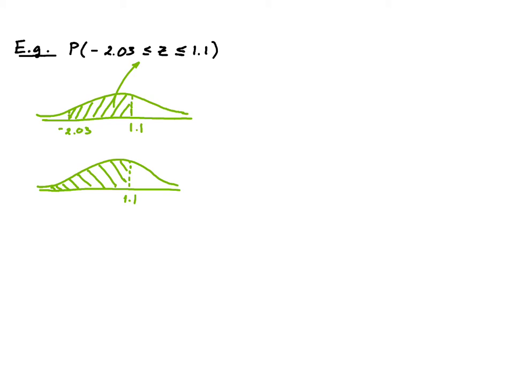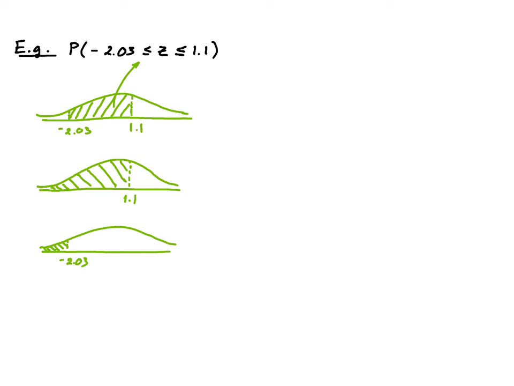And then if you look up negative 2.03, then you get the area to the left of negative 2.03. Right? But then notice that if you take the area to the left of 1.1 and then you subtract the area to the left of negative 2.03, you get exactly the area that you need. Okay?